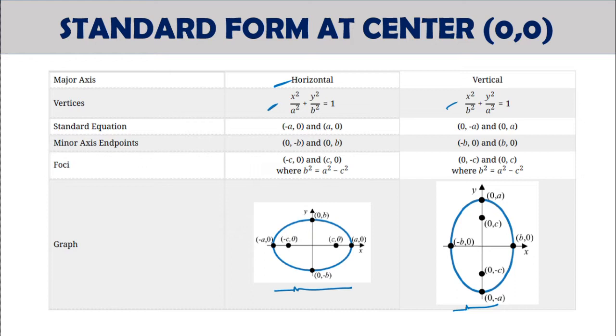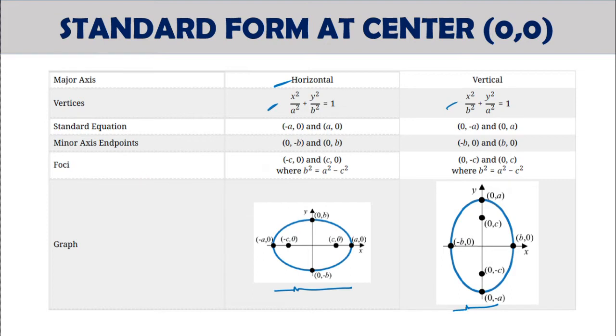So, nag-interchange yung mga denominators nila, right? So, it's very important talaga na you know how to examine if certain ellipse is the major axis is at horizontal or vertical. Kasi magkakaiba na yung magiging vertices nila. So, yung standard equation, by the way, minor axis endpoints, tapos yung focus nila.